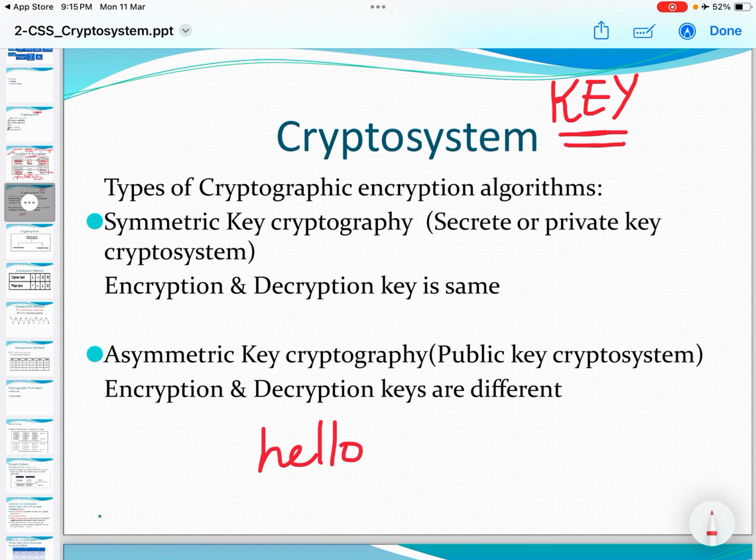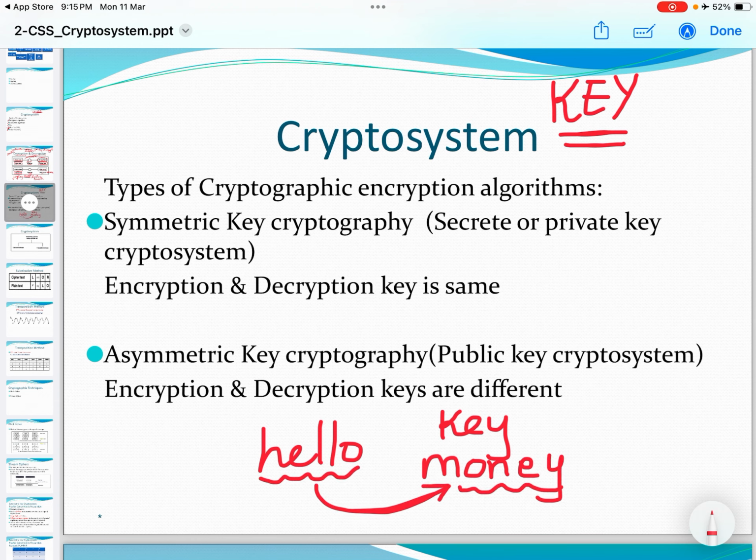Say I am writing hello. I will use a key, say money, and this hello will be hidden using the key money to say something like jolly. So you are using this key at the encryption end.